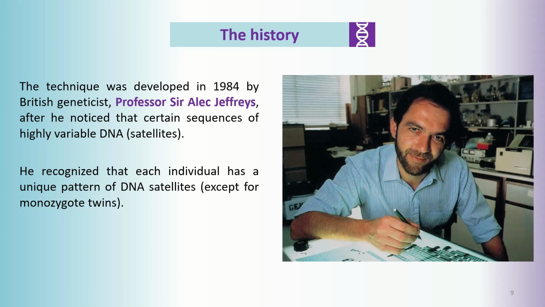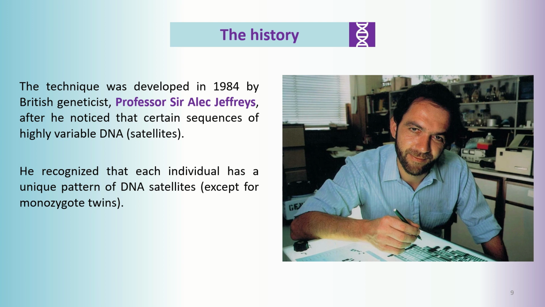In terms of history, DNA fingerprinting was developed in 1984 by a British geneticist, Professor Sir Alec Jeffreys. From his observation, he noticed that certain sequences in the human genome are highly variable. These sequences are called DNA satellites.